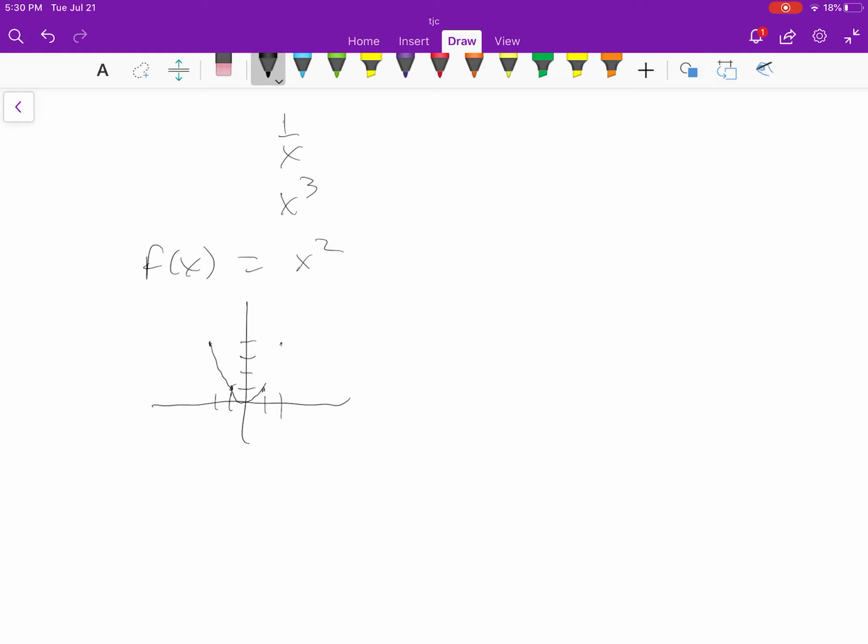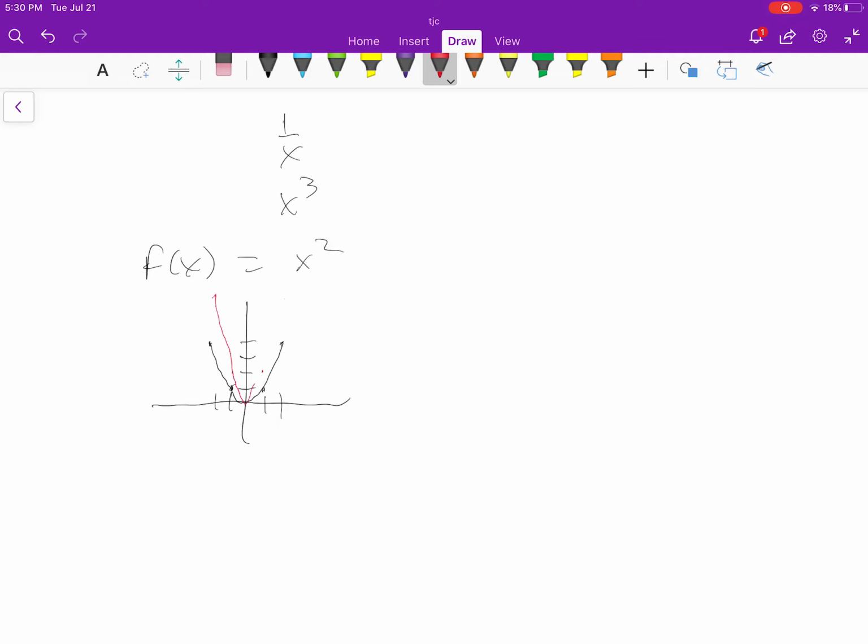Looks something like this. Okay. And we even know how to do translations on this. We know if we multiply, say by 2, then the function will accelerate more quickly. It'll look something like this.